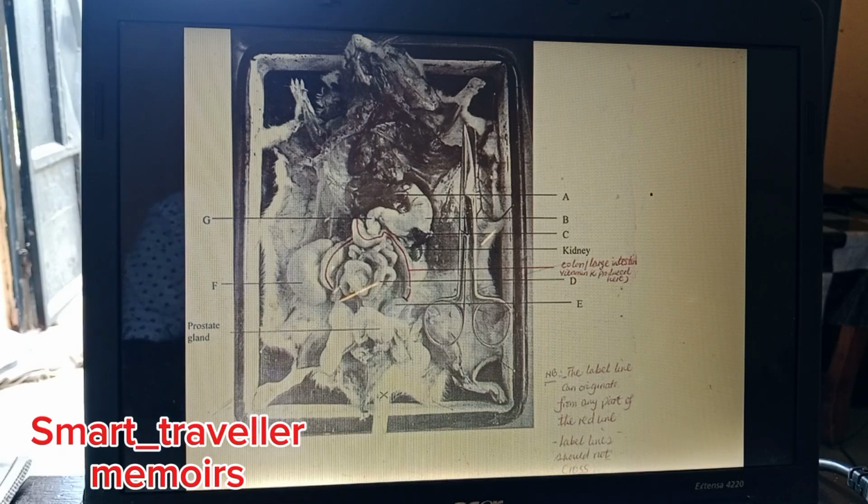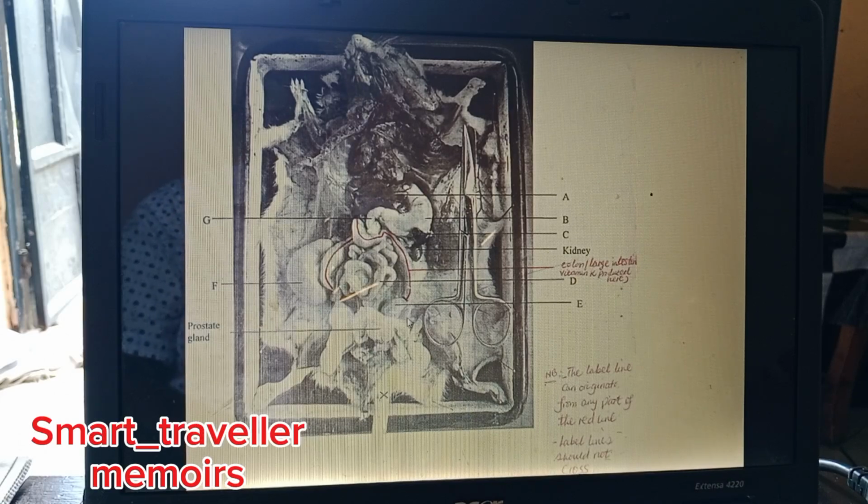So guys, there was an adjustment I had done to the photograph, and it will adjust to the original. You can see here there is a red line. This red line can touch the red line for the colon or large intestine, or where vitamin K is produced, and can be touching any of these places from here.